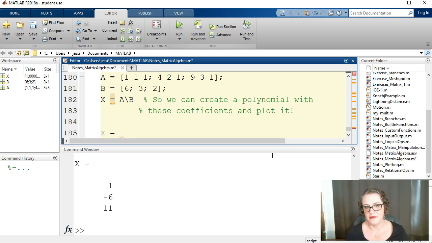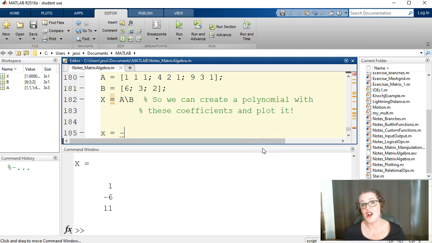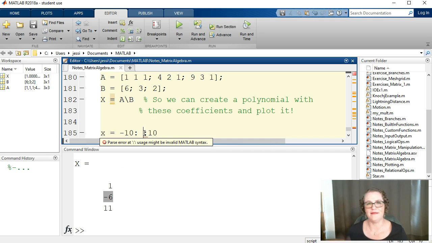I need to go at least as far as -6, but in general I wouldn't know that. So let's just pick -10 to 10, and wait, I don't need to go as far as -6 because this isn't an x value. It's the value of my b coefficient. Oh well, that's fine. -10 to 10, and we'll count by 0.01.